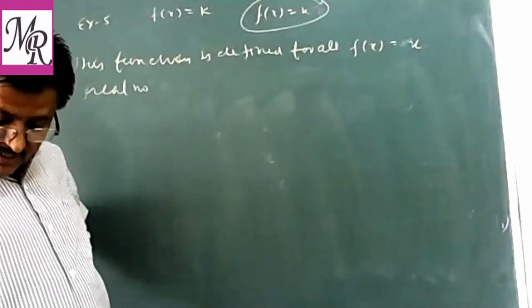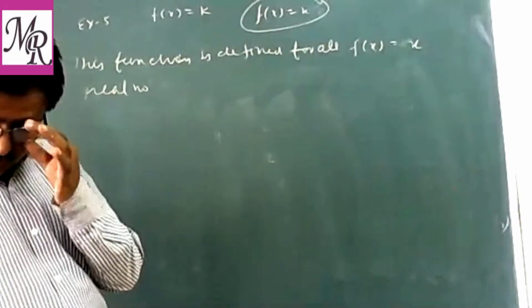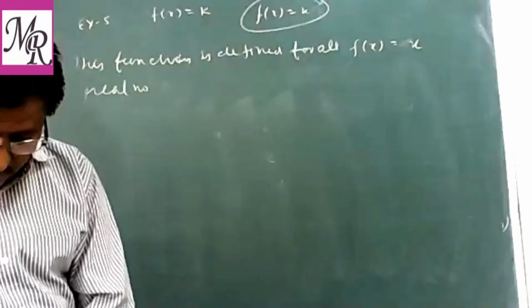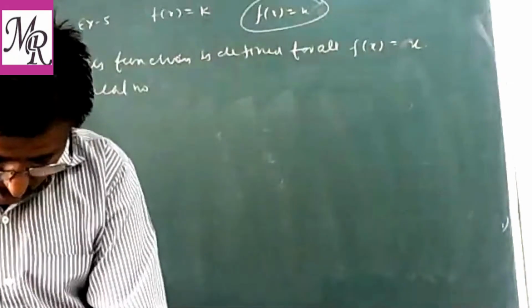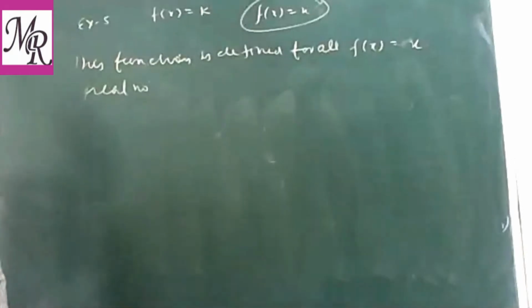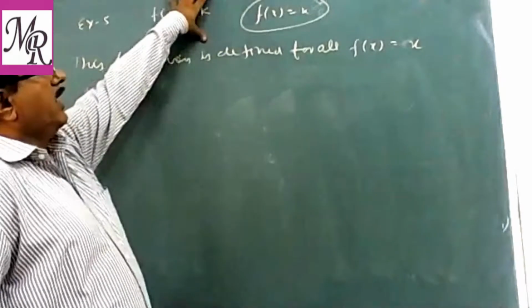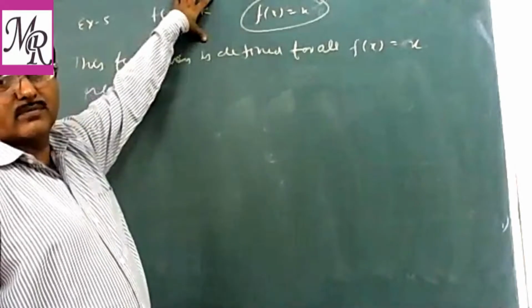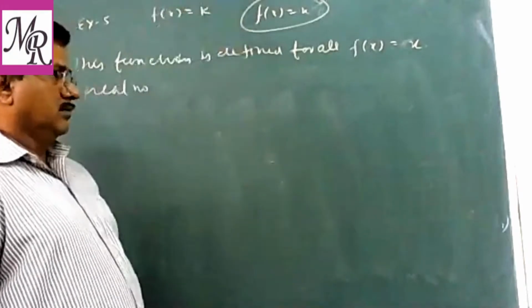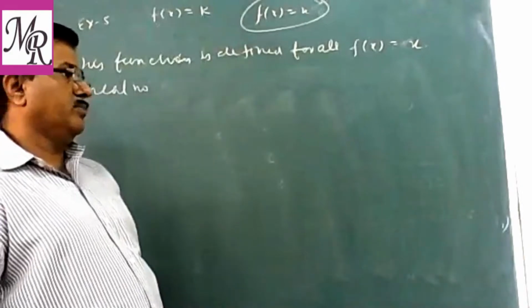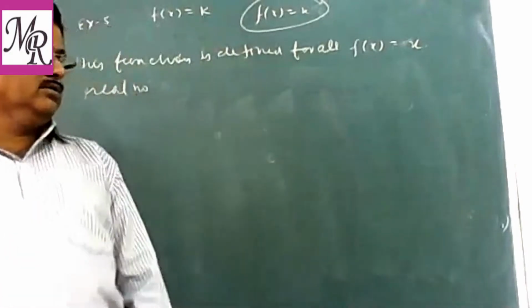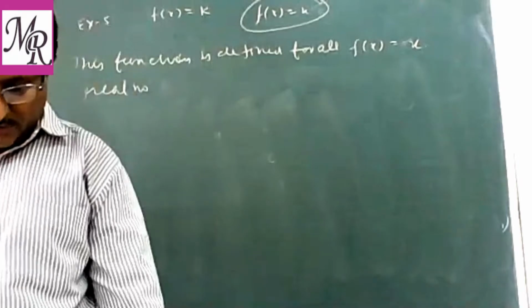A real function f is said to be continuous if it is continuous at every point in the domain of f. So still now what we are taking? We are taking at a particular point. Clear? We say that the given function is continuous at a given particular point.